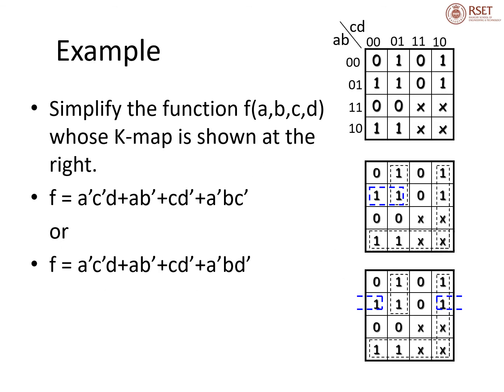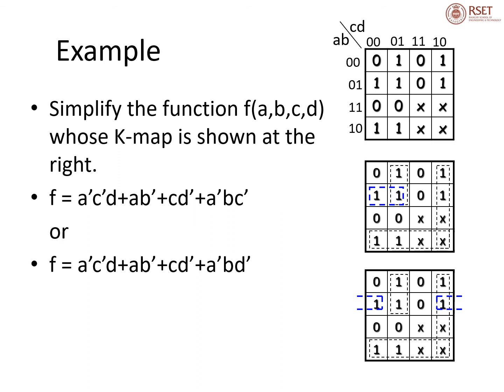Now, consider the example. Simplify the function f(a, b, c, d) whose K-map is shown. The first one, we have gone with one type of grouping that results in f equal to a' c' b + a b' + c b' + a' b c'. For the same K-map, you can have a different grouping, that is, a different expression.